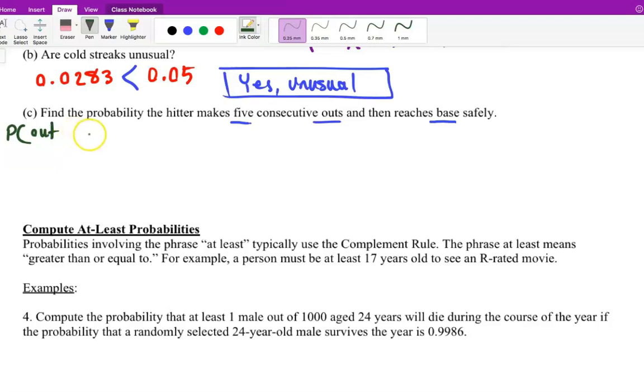The first try was out, second out, third out, fourth out, and 5th is out, and finally after that we have a base.